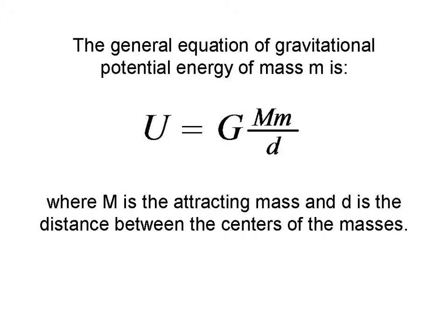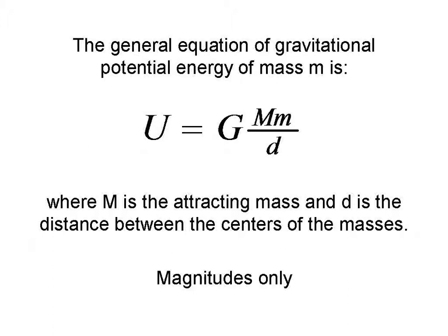We will now show that gravitational potential energy accumulated per second is the accreted energy. The general equation of gravitational potential energy of mass, m, is U is equal to the gravitational constant times the product of the masses divided by the distance between the centers.